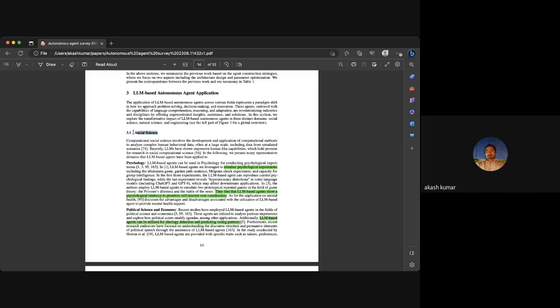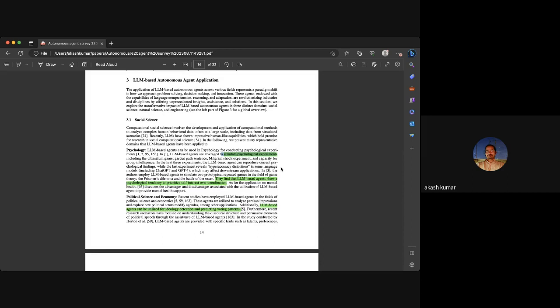In the field of social science, you first see this being used in psychology, where LLMs are being used to simulate psychological experiments. And they find that the LLM based agents show a psychological tendency to prioritize self interest over coordination.